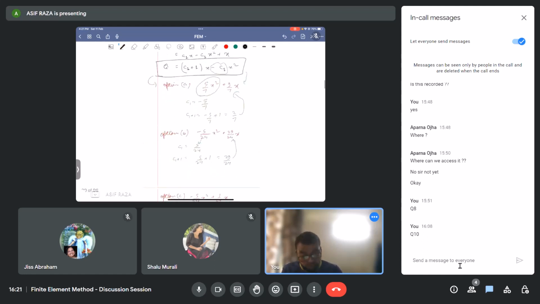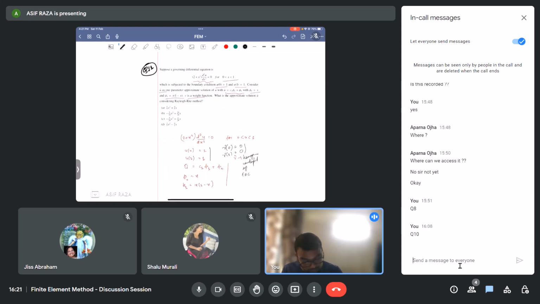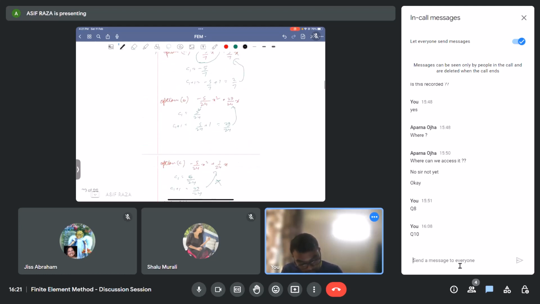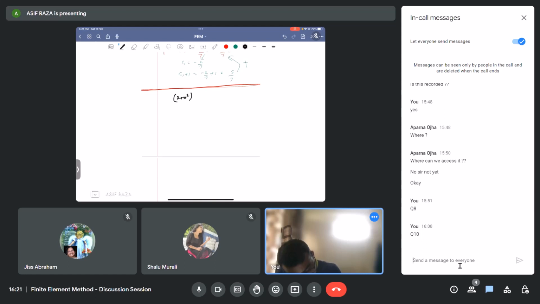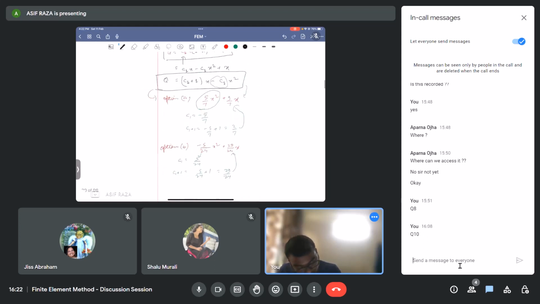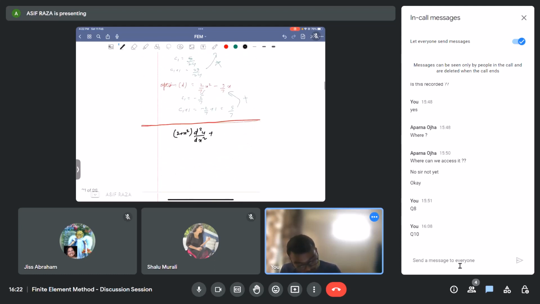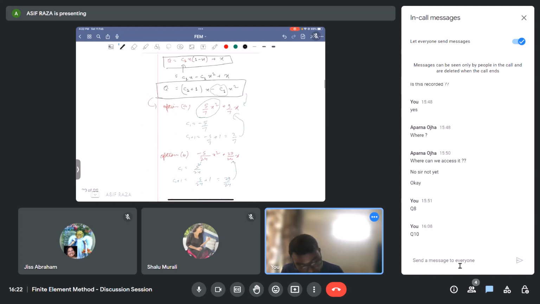Let me see the question again. 2 plus x square, d square u by dx square, equal to 0. U at 1 equal to 0, U at 0 equal to 0.